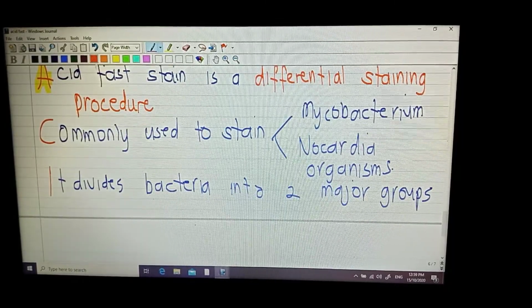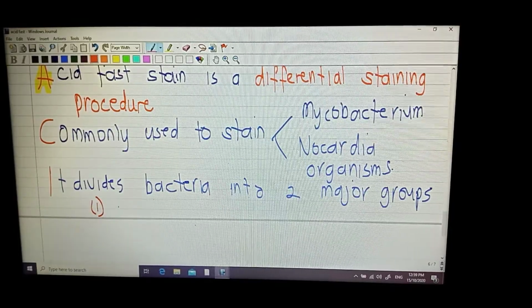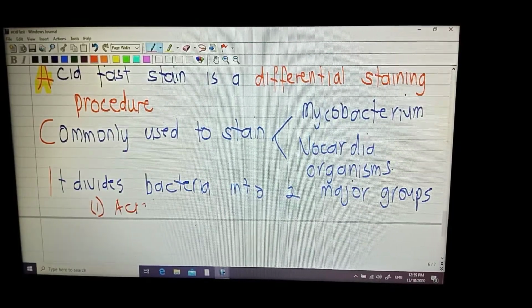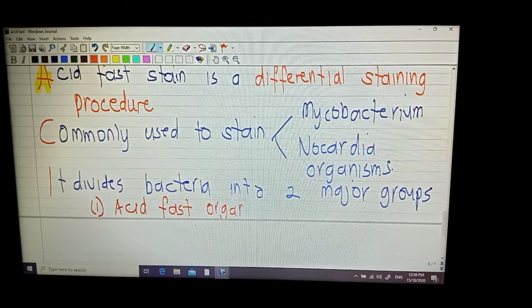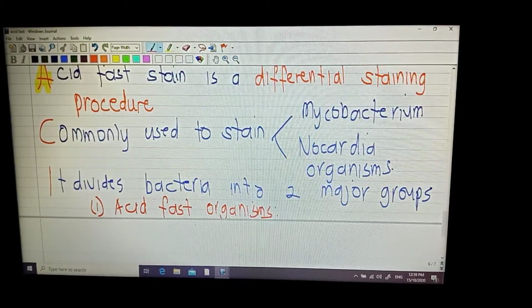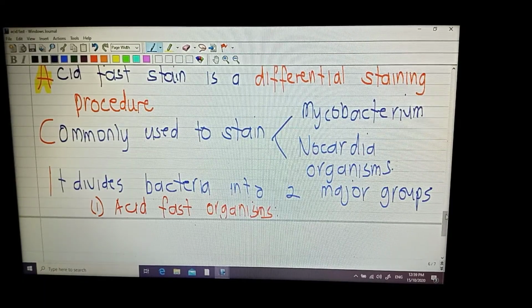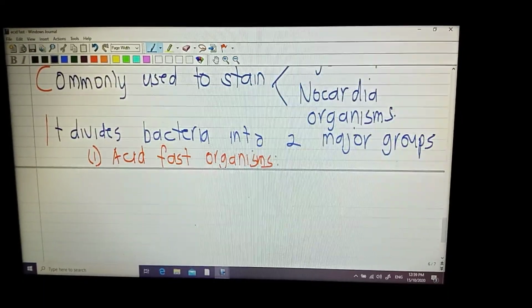Again, what are the two groups of your bacteria? It includes your acid-fast organisms and the non-acid-fast organisms. What is the characteristic of your acid-fast organism?